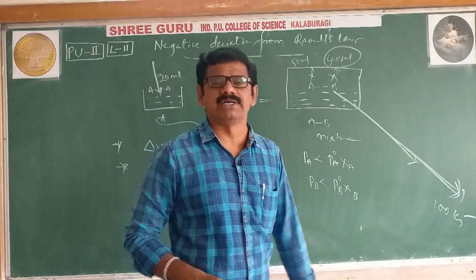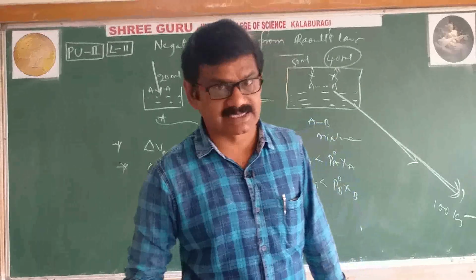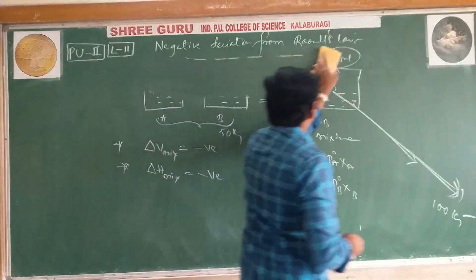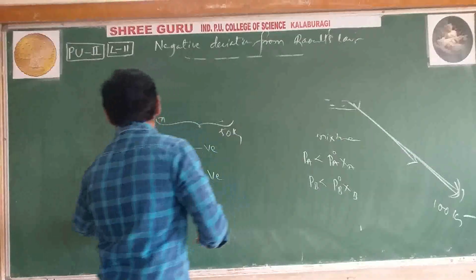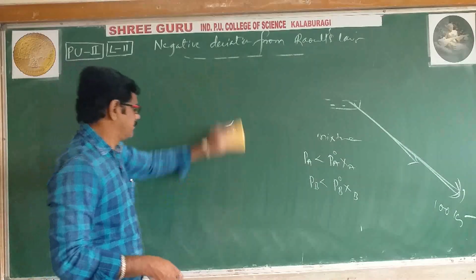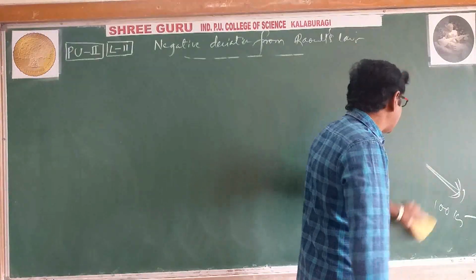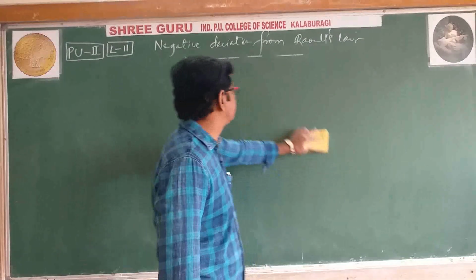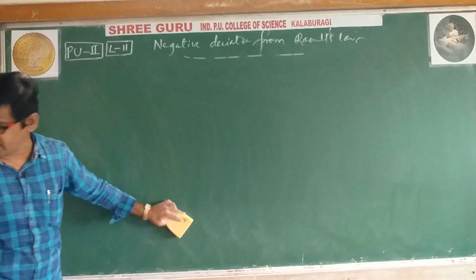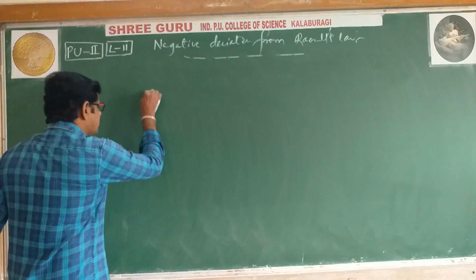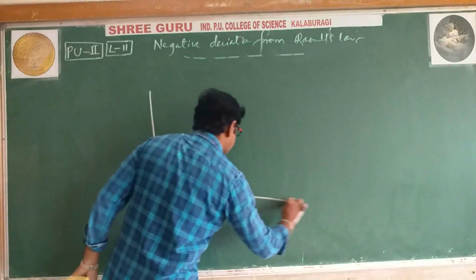Again we have to discuss its graph as well as its examples. Graph and examples, let's discuss now. Again, for the graph, we have to plot the same ideal graph. We just took it, so we will copy it as it is.